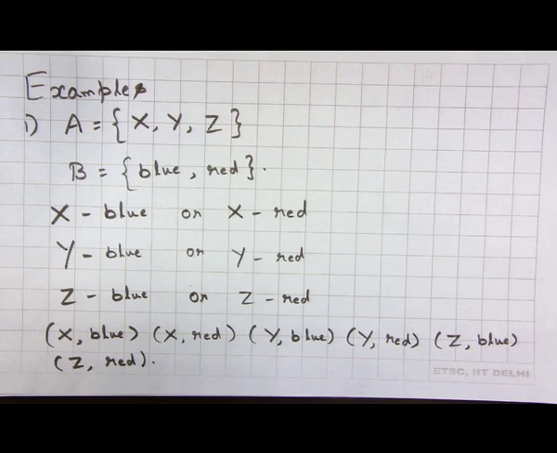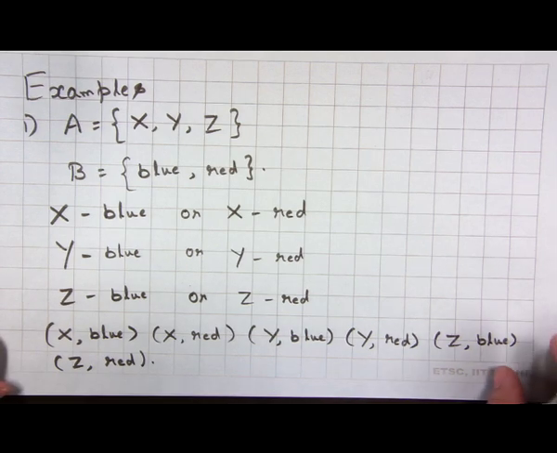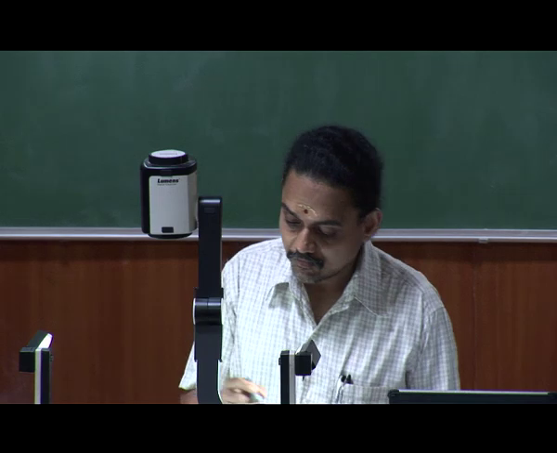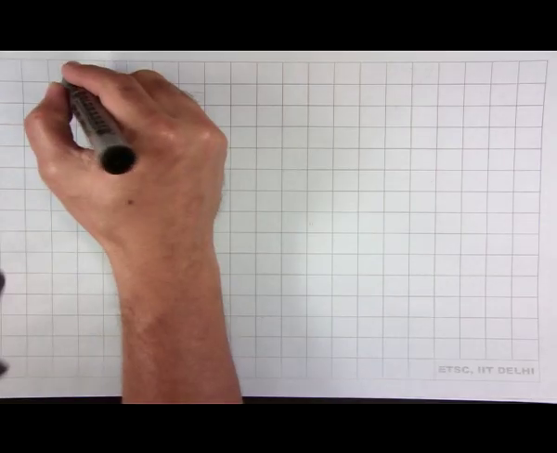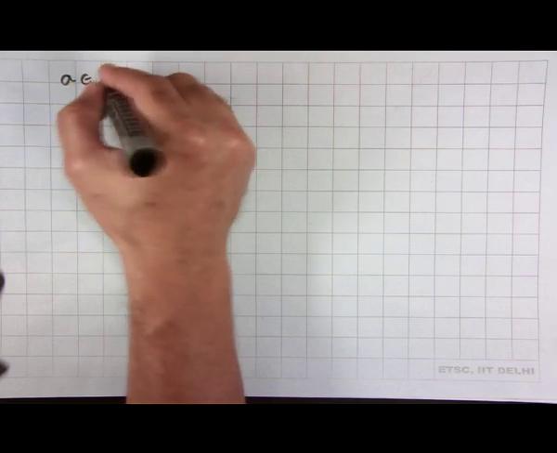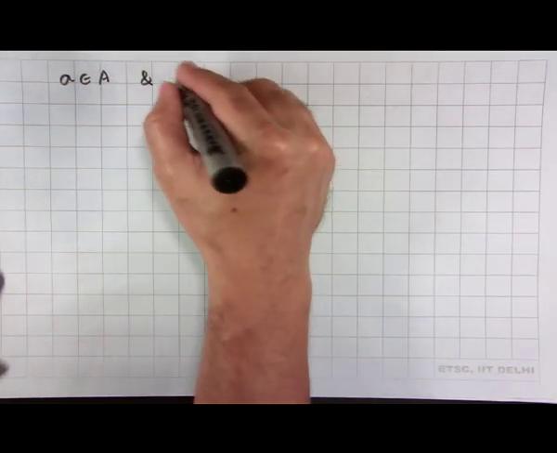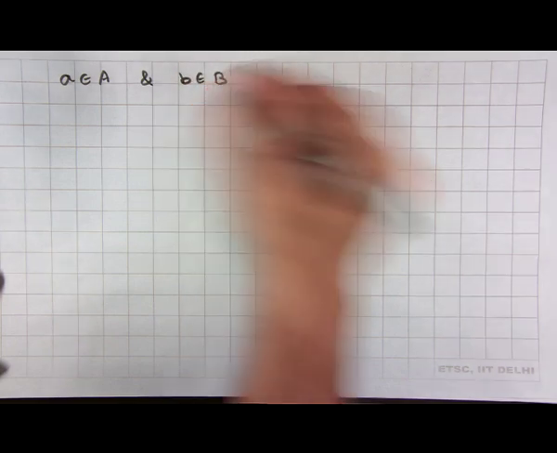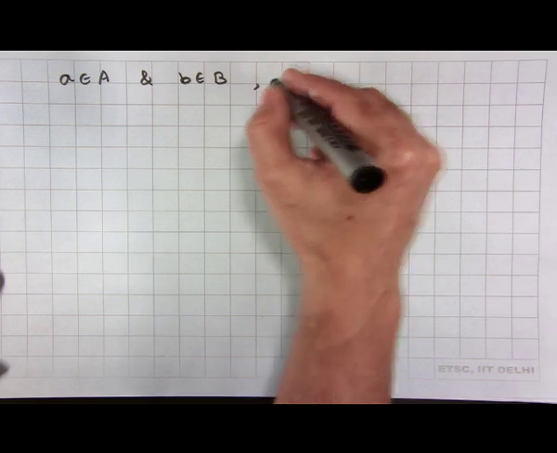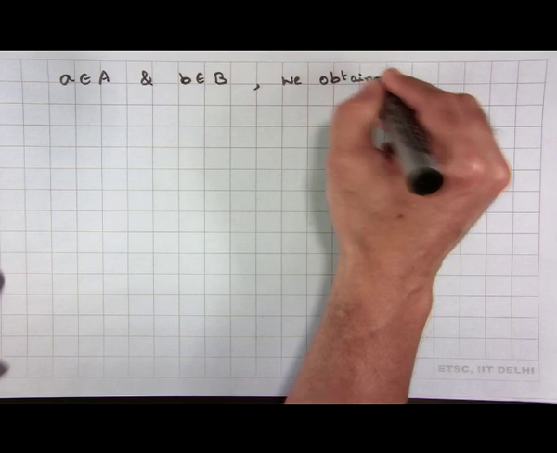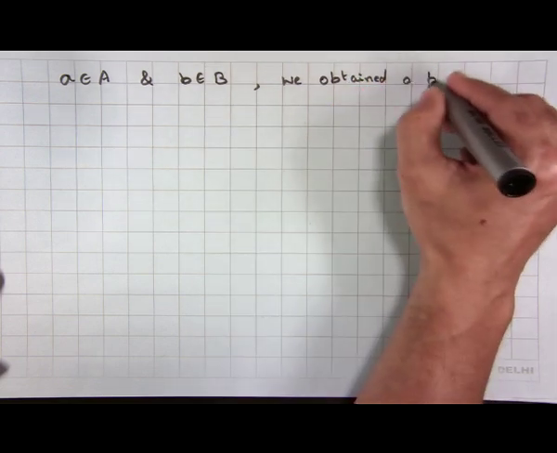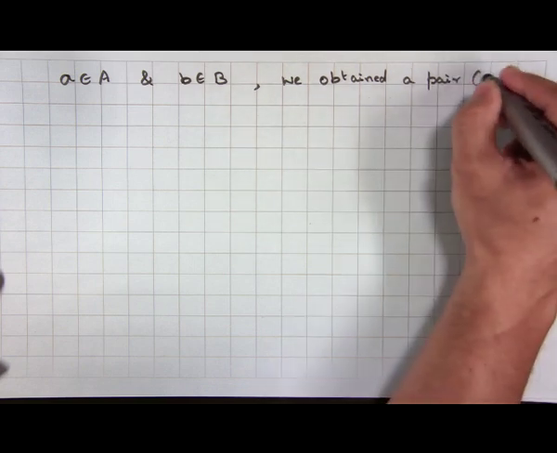Totally we have 6 possibilities. So, let us write it formally: given any a in A and b in B, we obtain a pair a comma b.